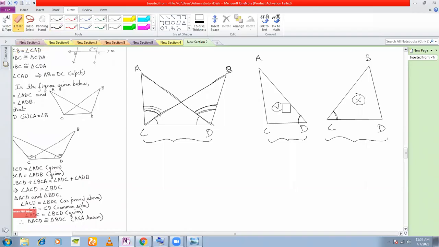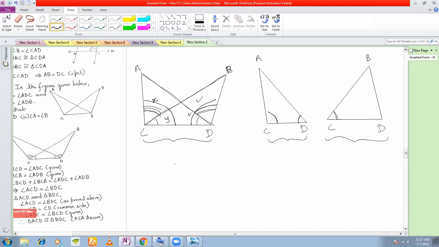So what we do here is, this entire angle here, that is the angle I'm talking about, is the sum of x and y, isn't it? Similarly, this angle here is the sum of these two angles, this angle and this angle.